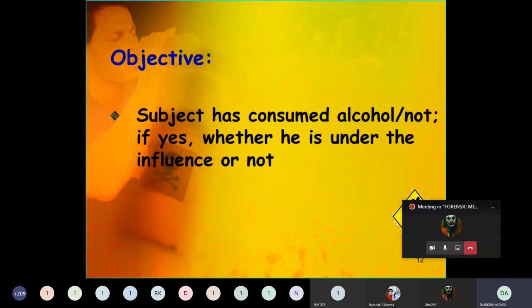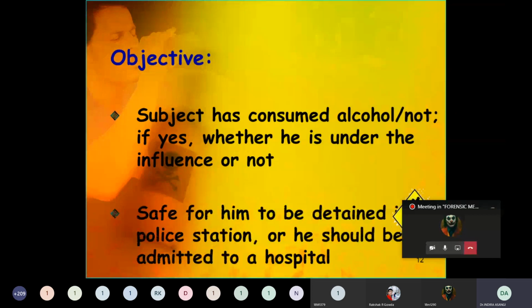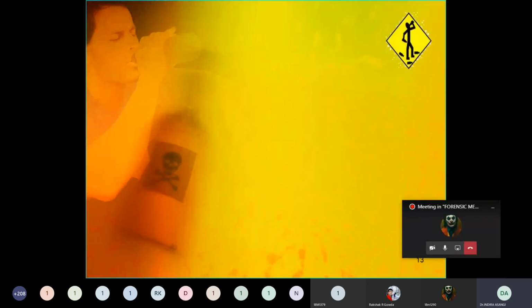If he has consumed it, then whether he is under the influence or not, that you will have to rectify. The second objective is to decide whether he should be detained in the police station or admitted to a hospital. That will come after judging to what extent he has drunk or what the level of toxicity is.